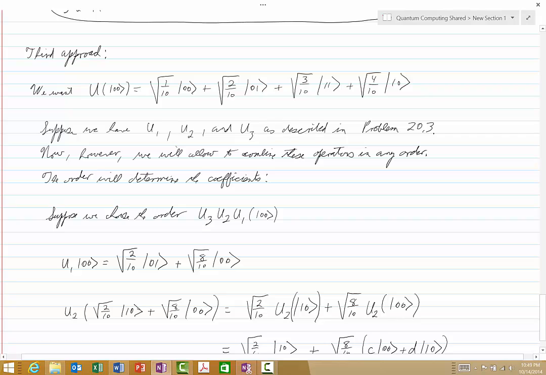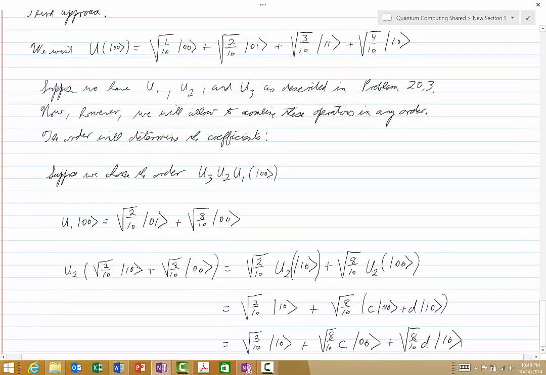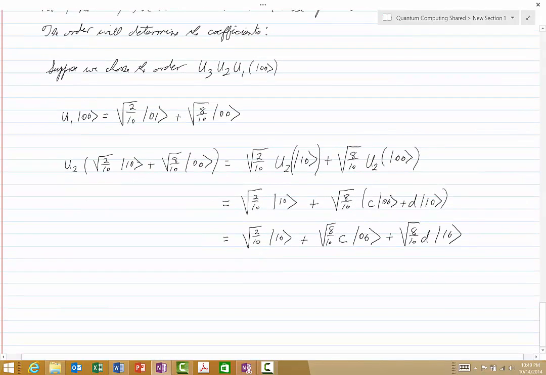But what we want is square root of 4/10 1, 0. So we know immediately that square root of 8/10 D, again that's the 1, 0 part, will not be modified at the next step because U3 acts trivially on 1, 0.